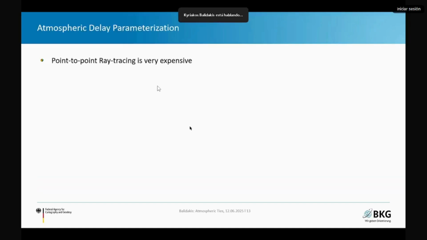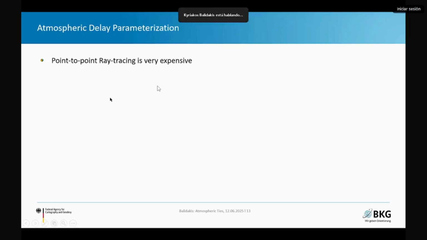Now, the problem with this ray tracing is that while it's very accurate, it's also extremely expensive. If you want to use a meso beta scale model like ERA5, which has a temporal resolution of 1 hour, and if you use the model level data, you have something like 137 levels, 30 kilometers. It costs about 18 terabytes per year from a disk storage viewpoint.